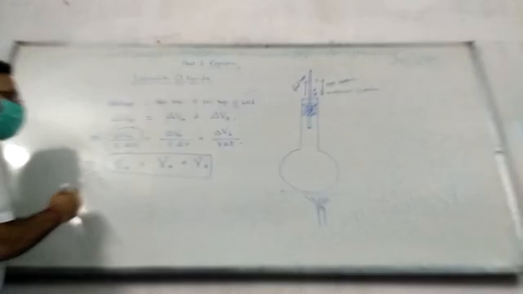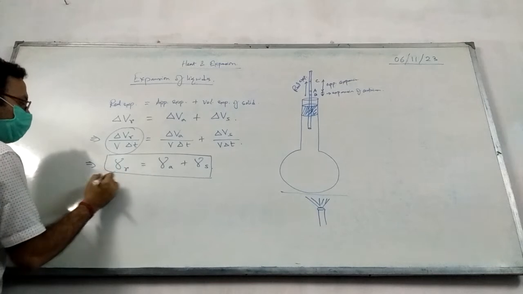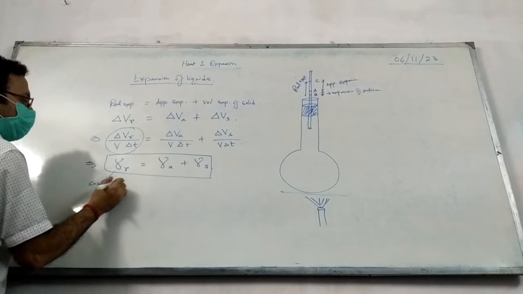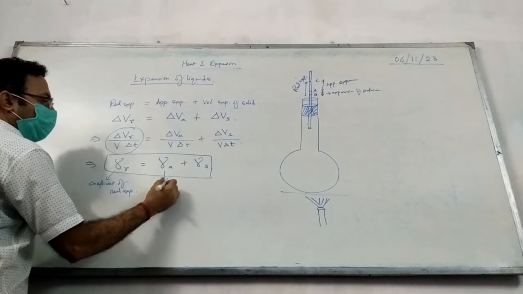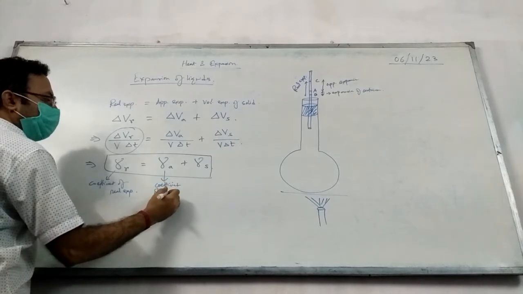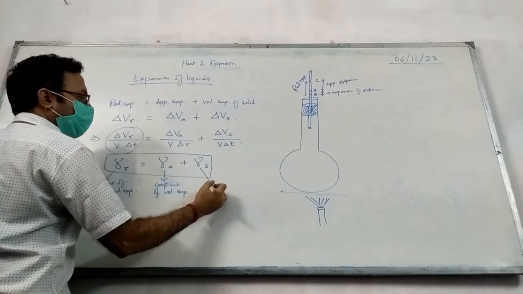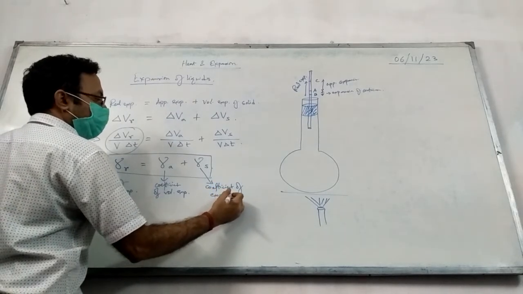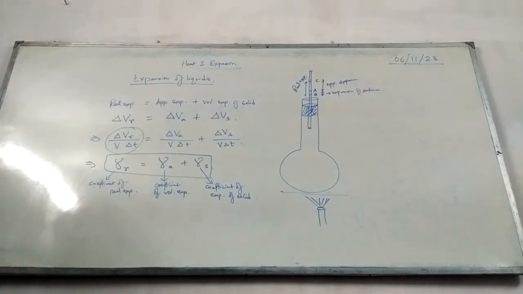So this is the relation between coefficient of real expansion, coefficient of apparent expansion, and coefficient of volume expansion of solid. Fair enough? Yes or no?